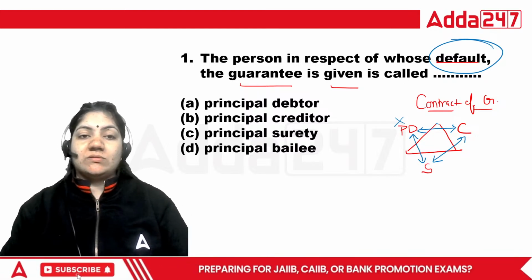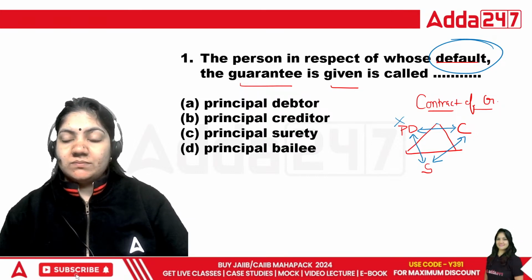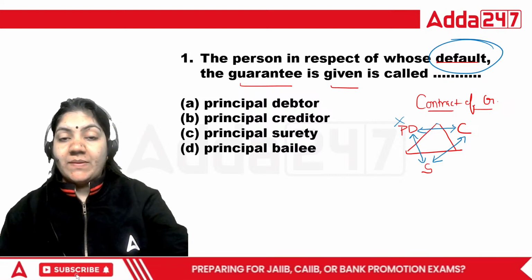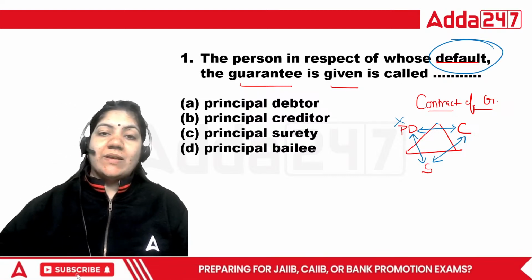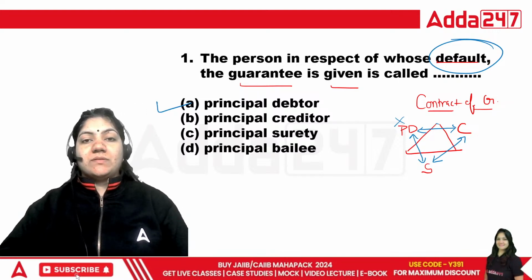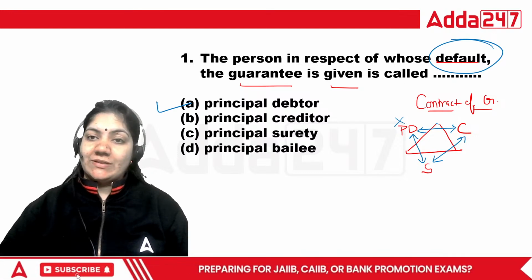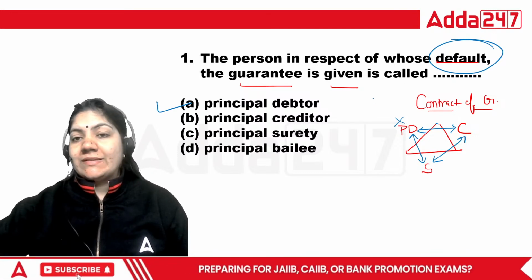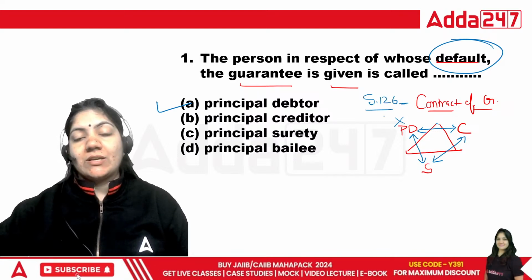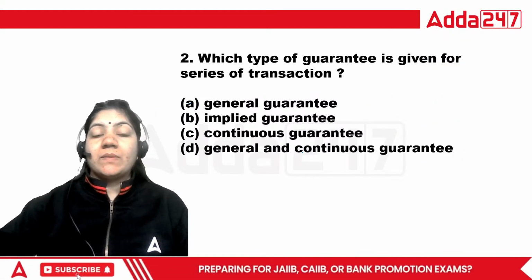Surety will just cover that default. So class, the answer is very simple: that is the principal debtor. For the first one, A is the right answer. The person in respect of whose default the guarantee is given is called principal debtor, and Section 126 talks about the contract of guarantee.